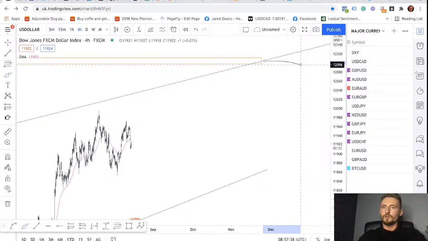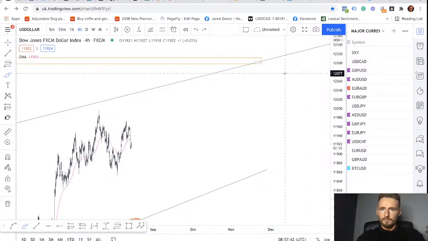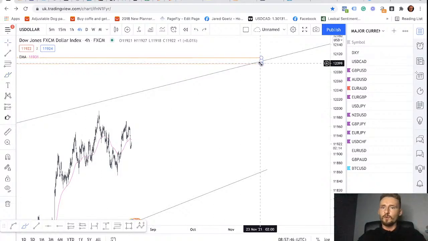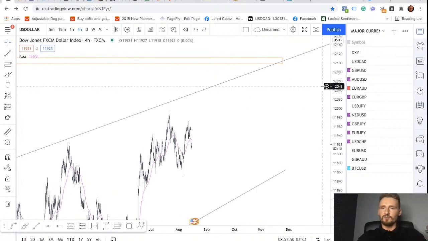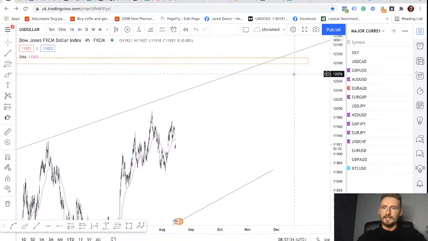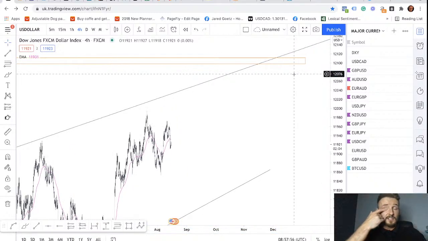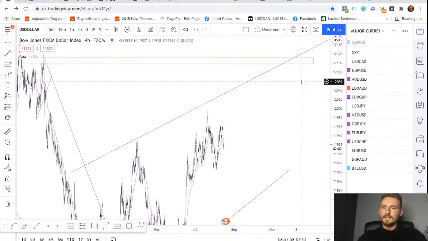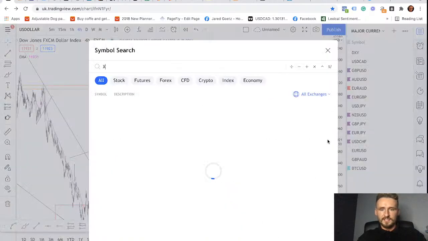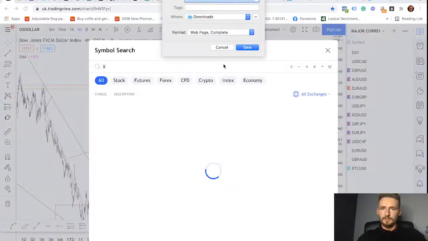I think we might get some short-term bullish momentum, and then overall we will see that bearish trend again, and that's an area roughly where I would be looking to take any sell trades. But looking at this right now, you can see we've got this saved on the charts.